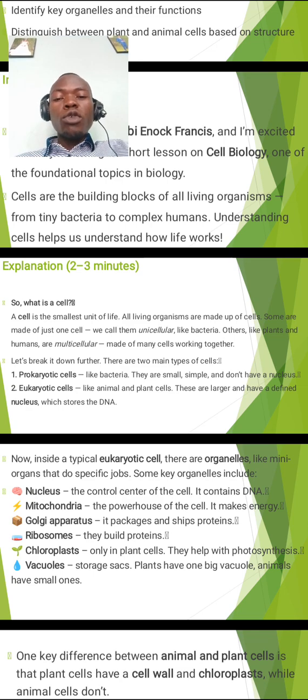Those are organisms with one type of cell, for example, bacteria. Then also we have eukaryotes. These are animals and plants which are made up of many cells. So prokaryotic cells are small, simple, and don't have a nucleus. Then eukaryotic cells are always large and they have a defined nucleus.